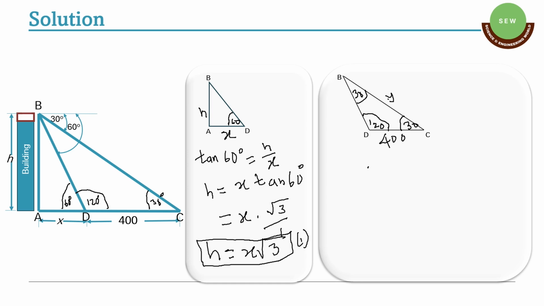Trying to find y, we are going to apply the sine formula here. The sine formula says y over the sine of the angle facing y, which is sine 120 degrees, will be equal to 400 over the sine of the angle that is facing 400, which is 30 degrees, so sine 30 degrees.